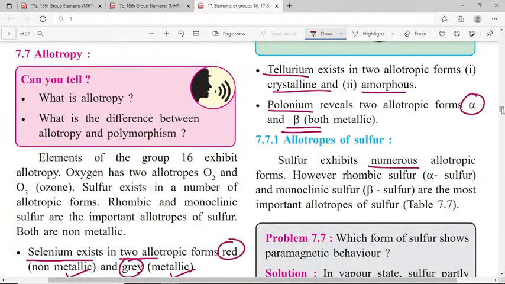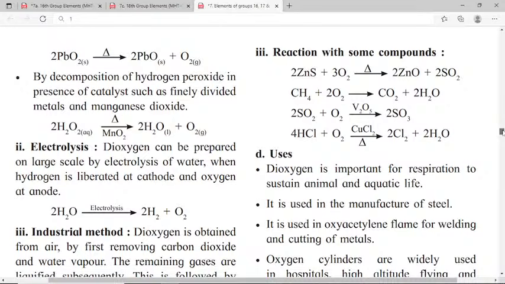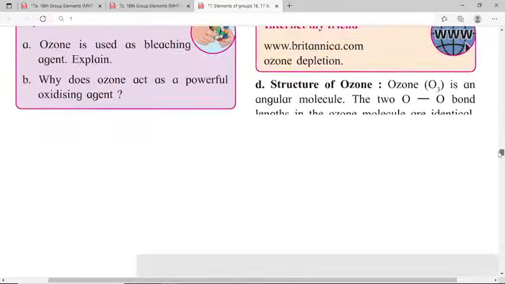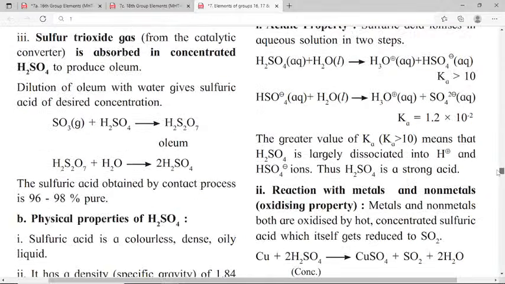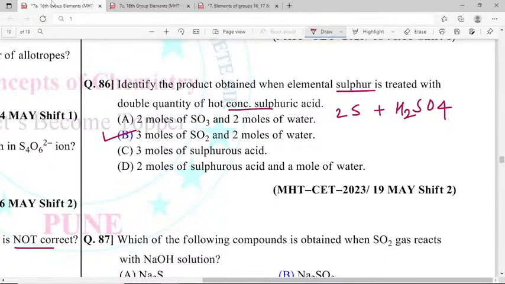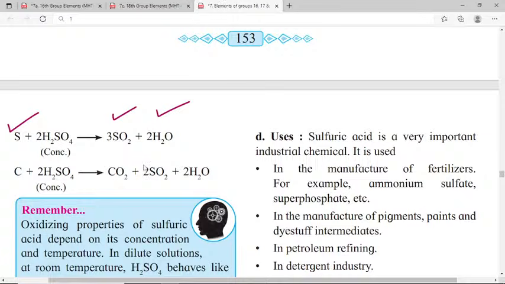Yes, this is the actual reaction. 3 moles SO2 and 2 moles of water. Okay, get it clear everyone?